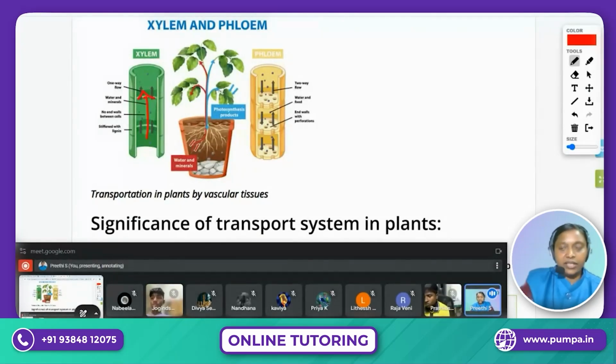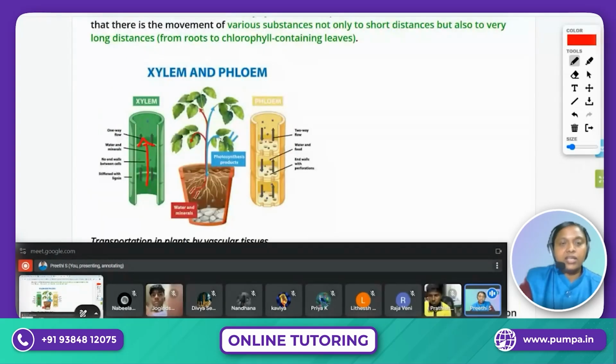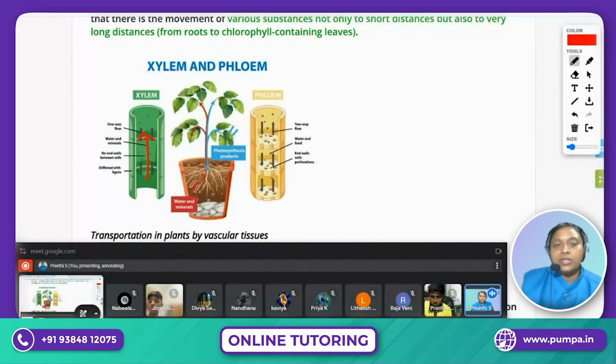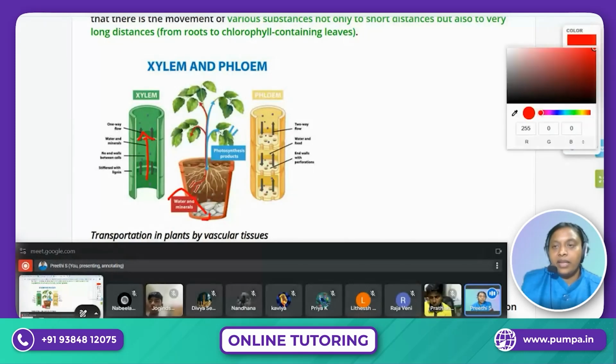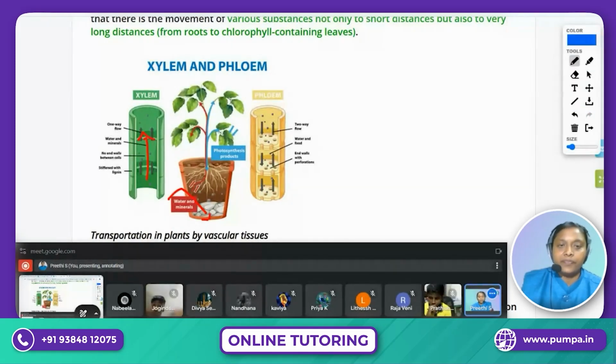Why is it one direction? You would have observed that if you pour water on a plant, the water will be taken up by the plant and enter each part. Have you ever seen the water returning to the soil?